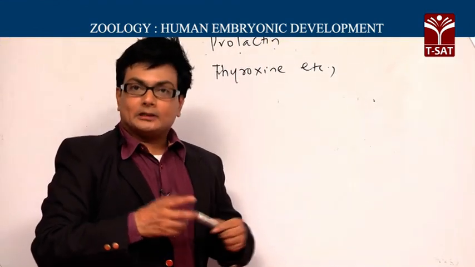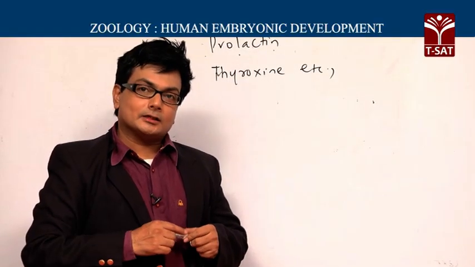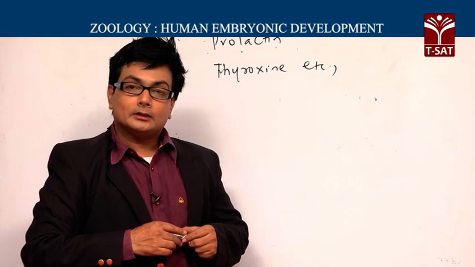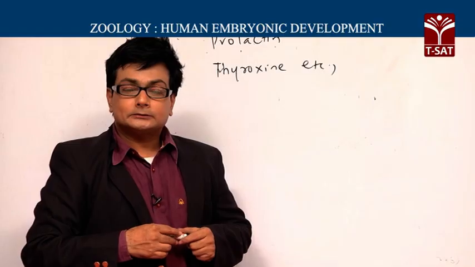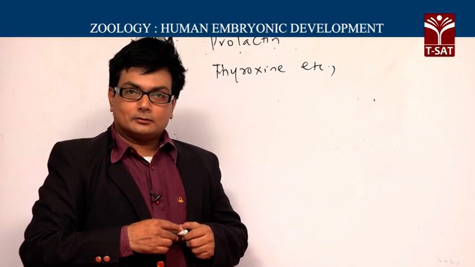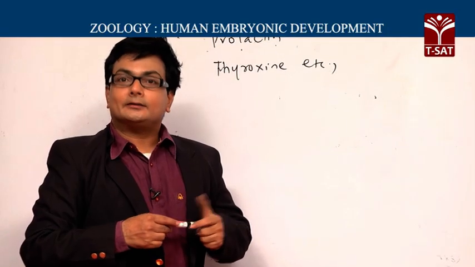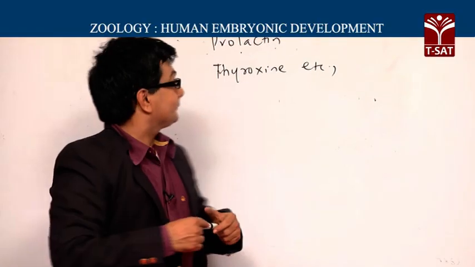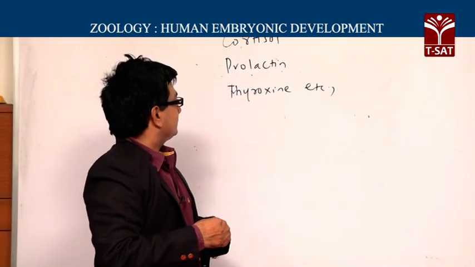All through the gestation period, the female is metabolically very active because the placenta is releasing specific hormones. In addition to those released from the placenta, the human female body during the course of pregnancy will release several other hormones. Let's examine them. I have written 3 here: cortisol, prolactin, and thyroxine.